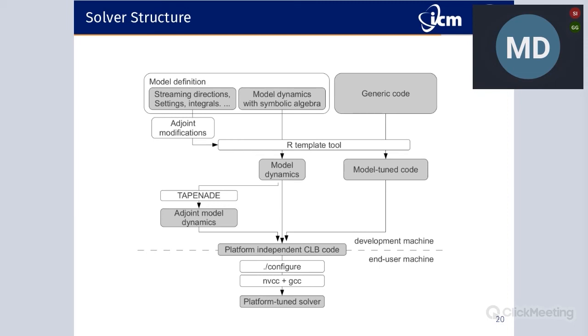All that data plus some generic code that works for every model is combined using the template tool to obtain the model-tuned code, which could then be compiled using NVCC.